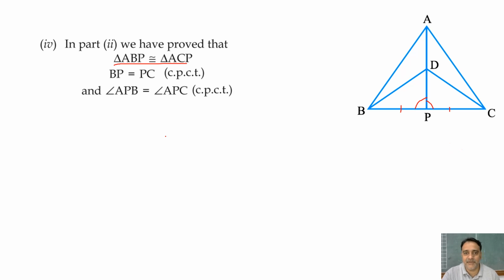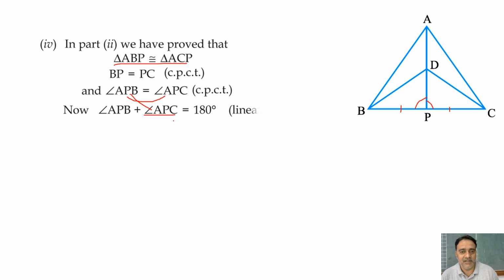But what is the sum of these two angles? 180 degrees. Why? Linear pair. So in place of this we can substitute this one, and since both are equal and their sum is 180 degrees, each angle will be equal to 90 degrees. That we can also show by substituting angle APB in place of angle APC. So this will become 2 times.